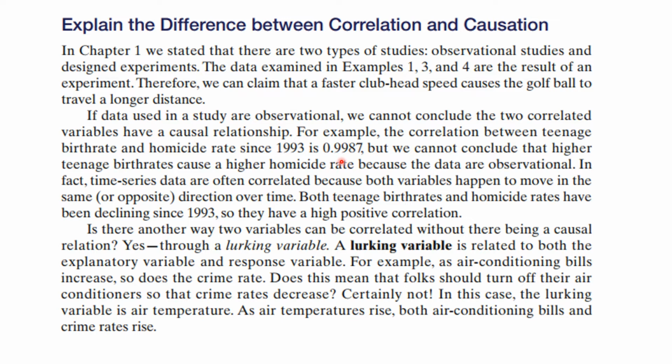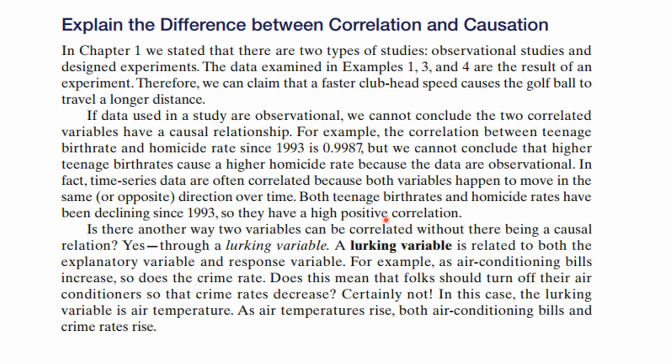In fact, time series data are often correlated because both variables happen to move in the same or opposite directions over time. Both teenage birth rates and homicide rates have been declining since that time, so they do have a high positive correlation, not because one causes the other.